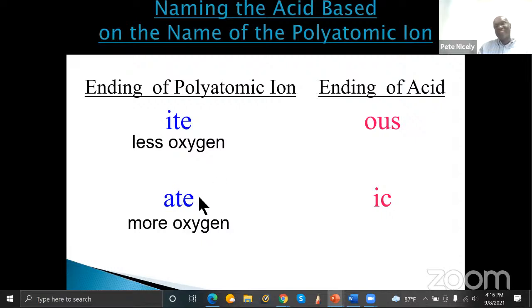In this case, the ending ATE or ITE does not actually indicate the number of oxygens, but you can see the relationship between the anion that ends with ITE and the corresponding anion that ends with ATE. What you'll find always is that the anion ending with ATE will have one oxygen more than the anion that ends with ITE. Okay, so those are the rules for naming acids.